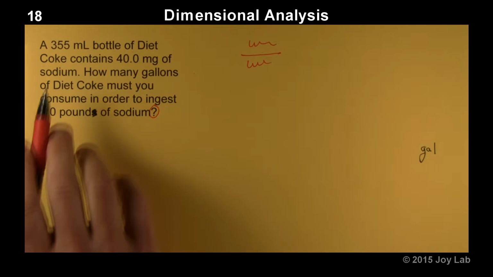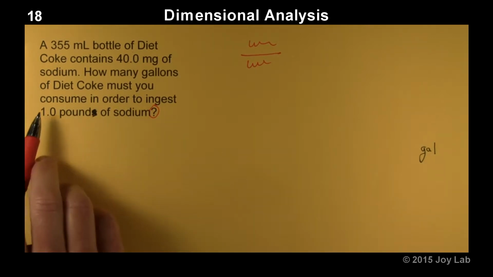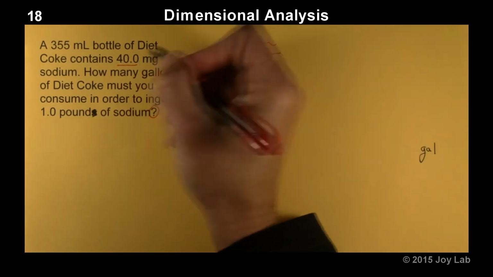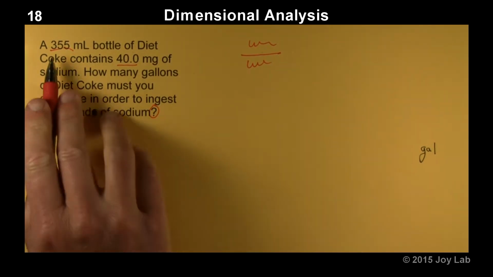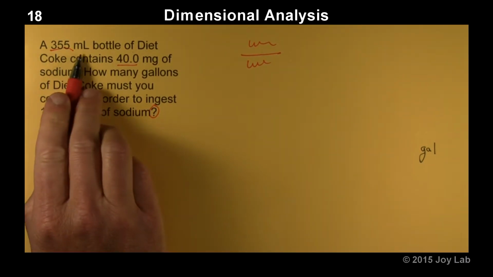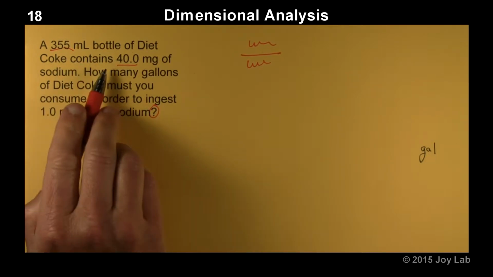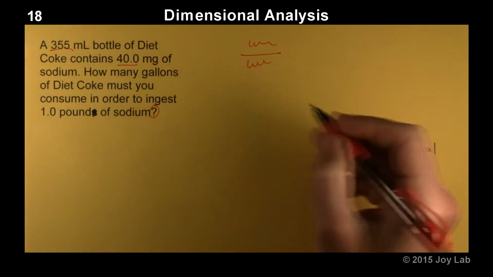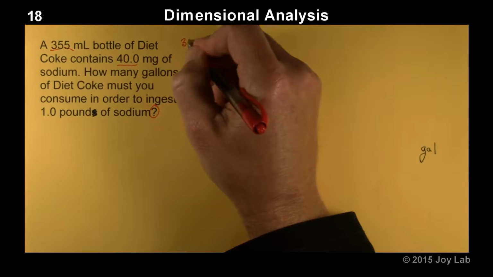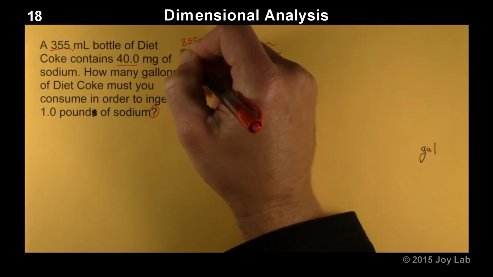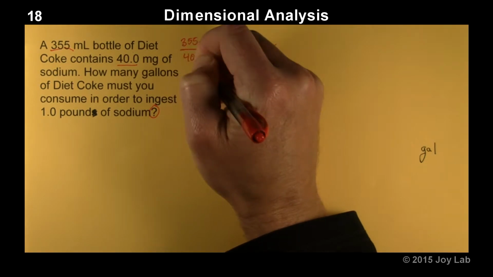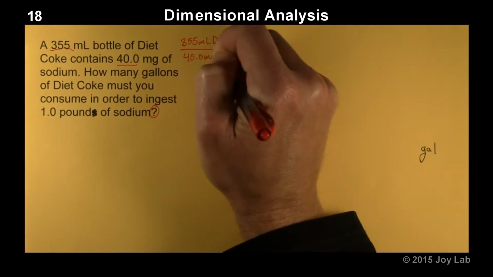What's kind of hidden in here is that these two values are actually part of a conversion factor. Because what does it say? It says a 355 milliliter bottle of Diet Coke contains 40 milligrams. So you have a conversion factor: 355 milliliters of Diet Coke contains 40 milligrams of sodium.